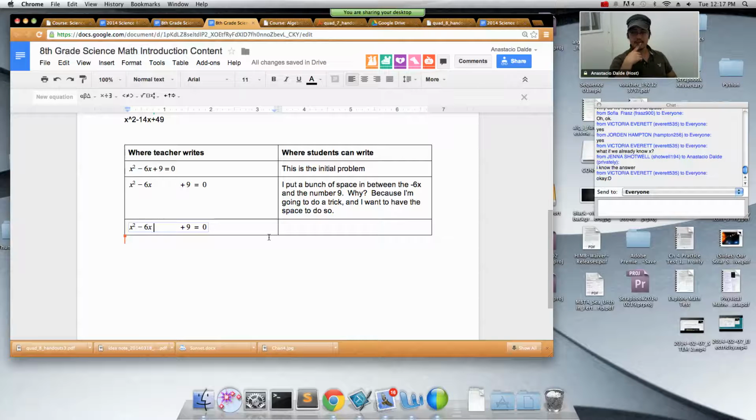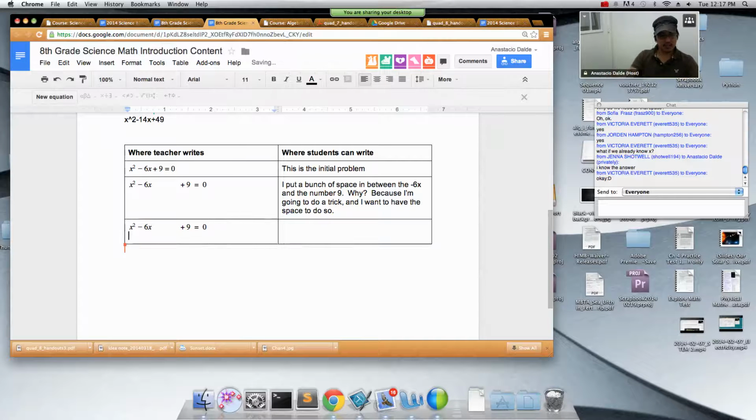Okay, you ready? Now, what's the trick? The trick is this. I'm going to play that same trick that I did. This negative 6 is my middle number. What if I want to turn it into something that looks like this?